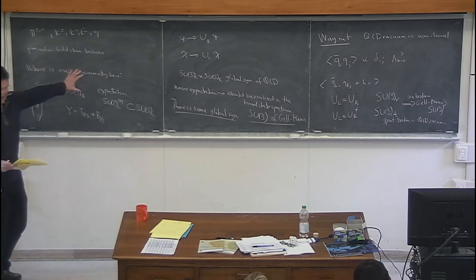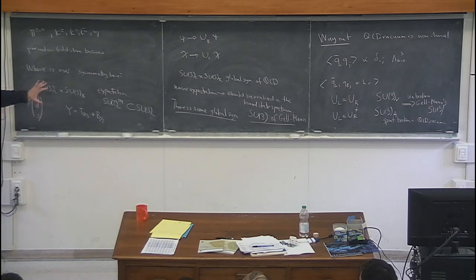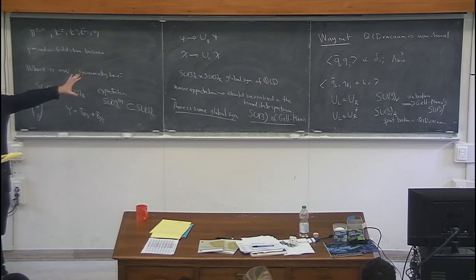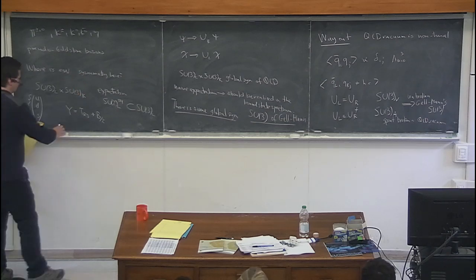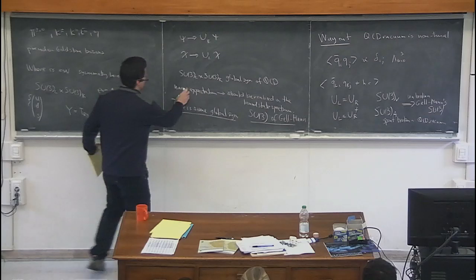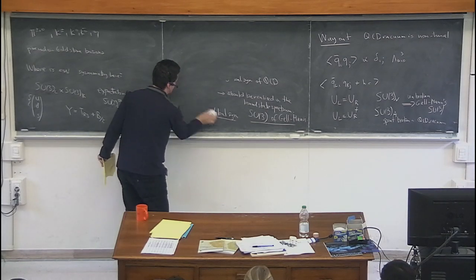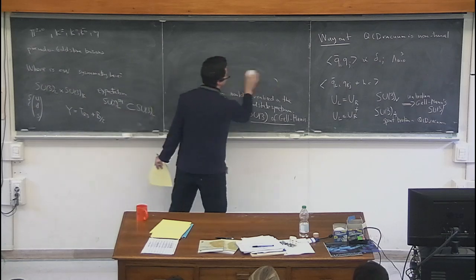So the standard model is basically embedded into the global symmetries of QCD. Okay, very good. So now let's try to truly write down an effective theory for the Goldstone bosons, for these pions here.